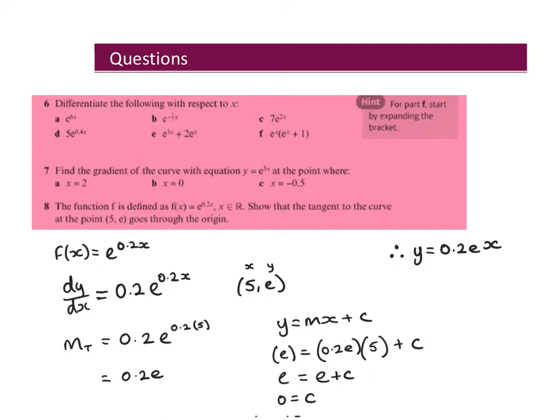Well, first things first, we want to show that it goes through 0, 0. Well, our y-intercept is 0, so we already know it goes through something, 0. And does this equation balance out? When x equals 0 and y equals 0, I get 0 equals 0.2e multiplied by 0. So therefore 0 equals 0.